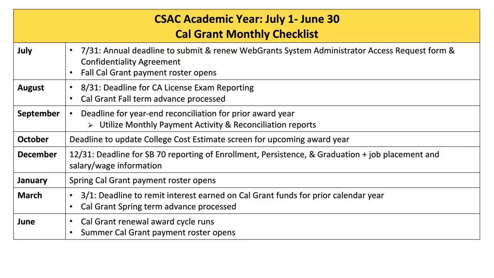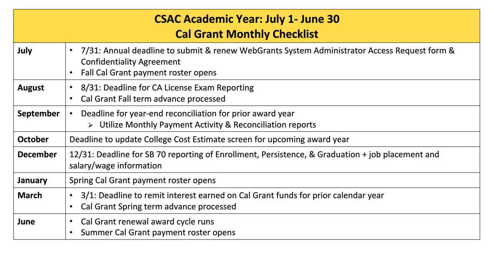For September, the deadline for year-end reconciliation for the prior award year happens, and you can utilize the monthly payment activity and reconciliation reports to complete that deadline. And then in October, it is the deadline to update the college cost estimate screen for the upcoming award year. December 31st is the deadline for SB 70 reporting of enrollment, persistence, and graduation and job placement, and also salary and wage information.